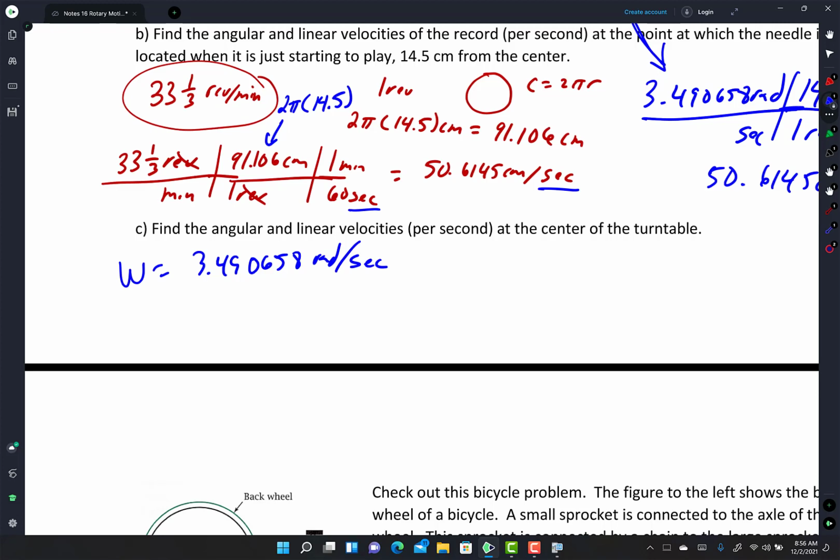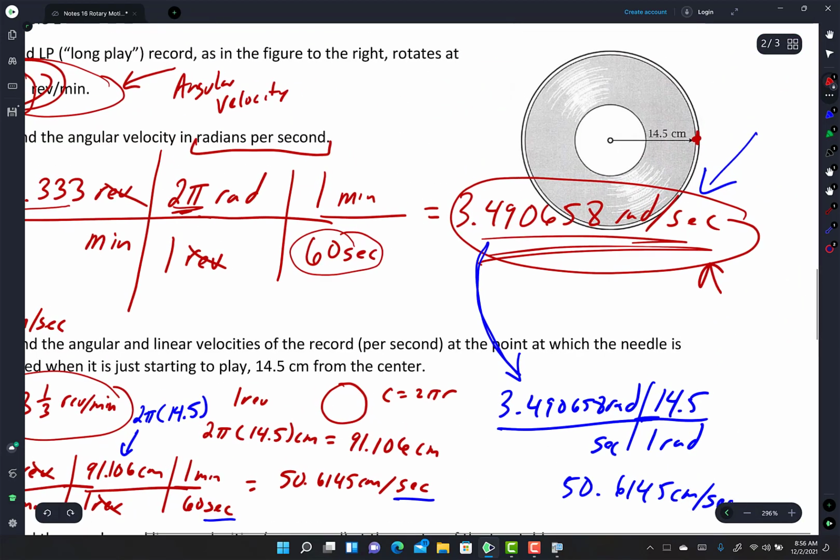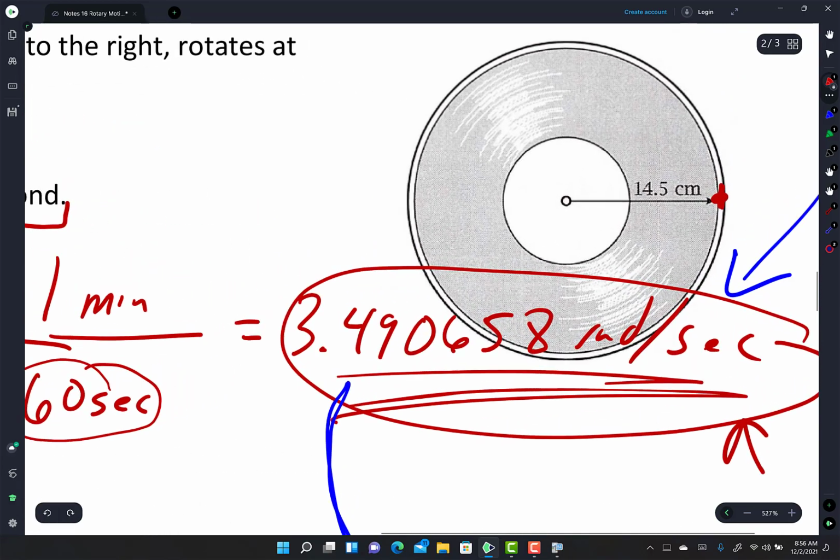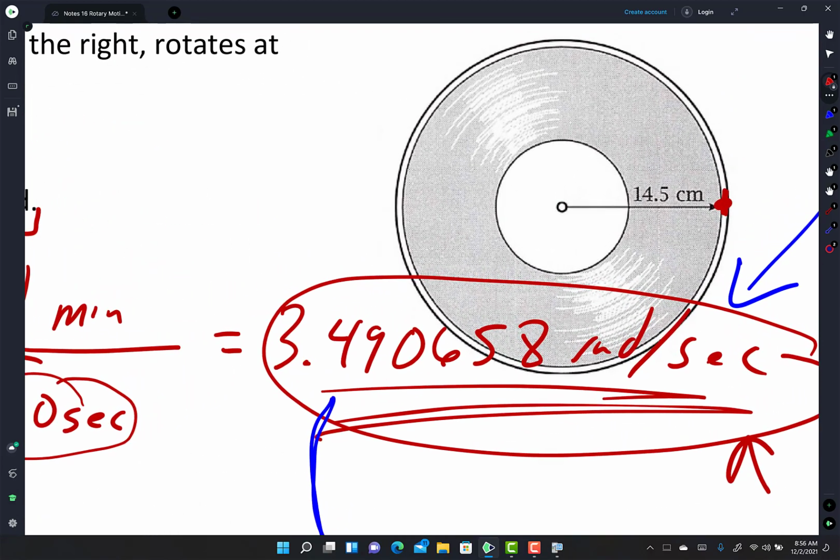But let's talk about the linear velocity. How much distance you cover. So pretend you're a bug. What's your favorite bug? Like a cockroach or something? I did that on purpose. I apologize. All right, pretend you're a ladybug, right in the center of this vinyl. We want to know how much distance you've covered.